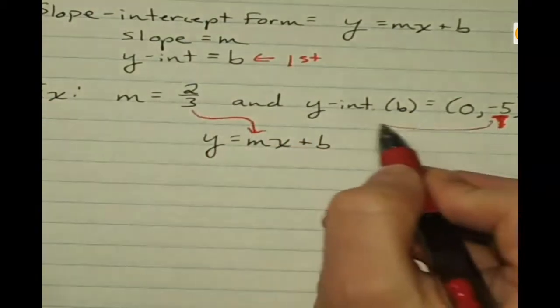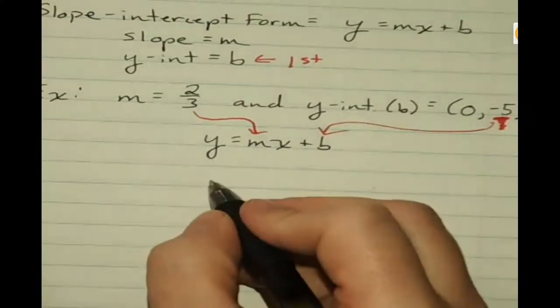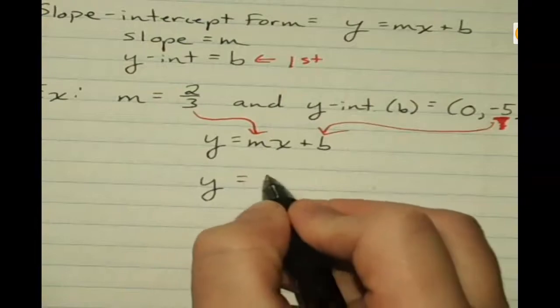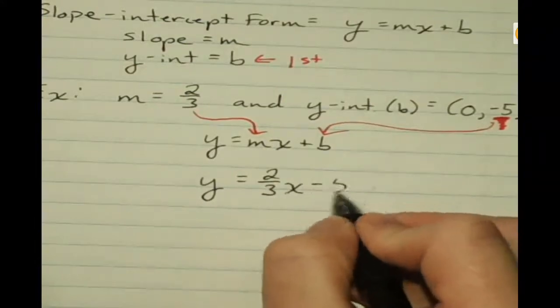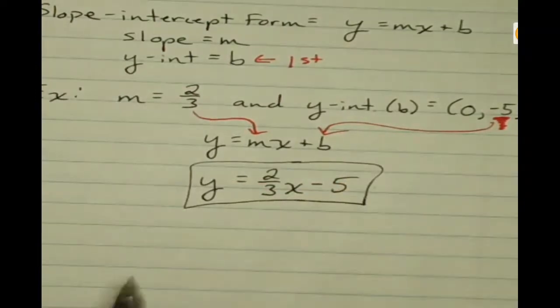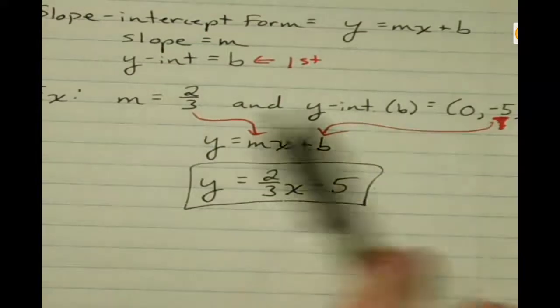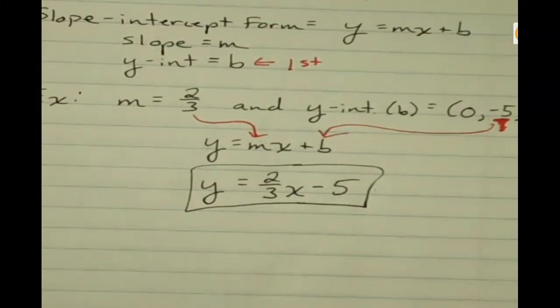And here's my y-intercept, and we're going to stick it there. So then my answer is y equals 2/3 x minus 5. And there's my answer. They gave us the clues, and there's my equation, my linear equation.